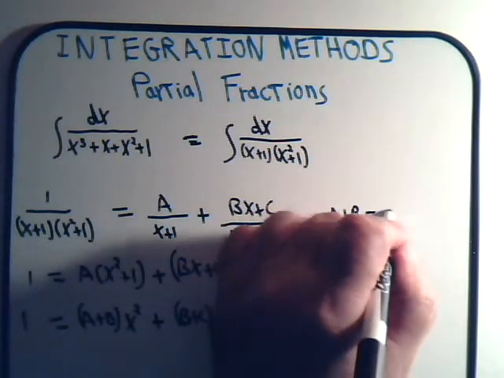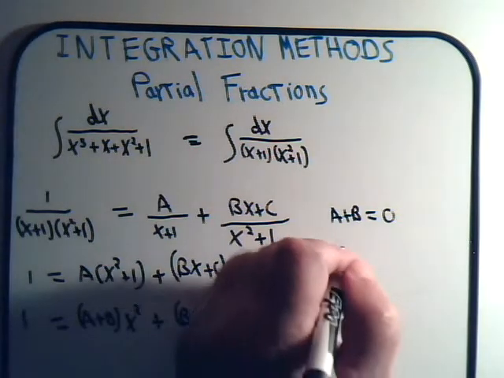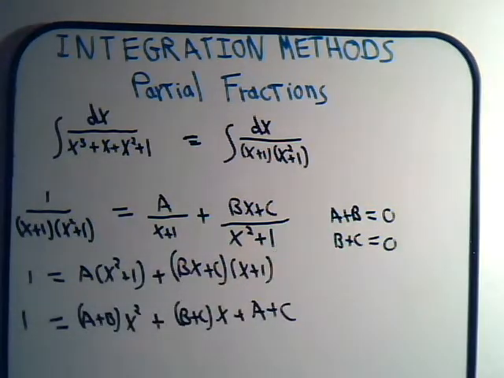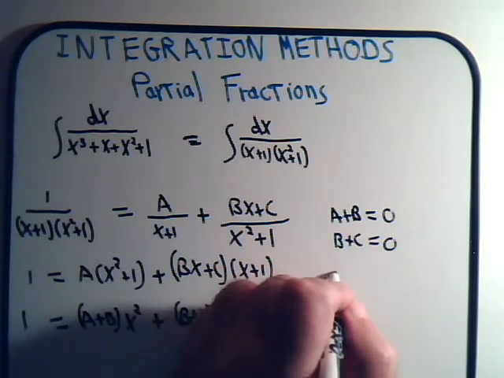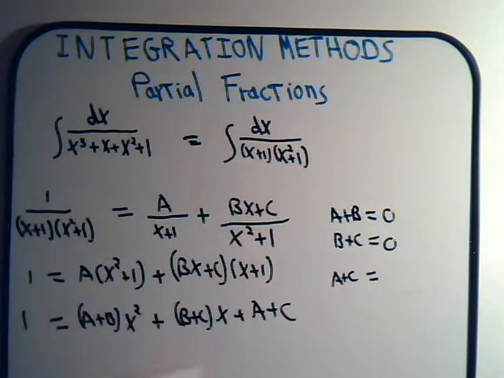And no x squareds on this side, so A plus B equals 0. No x's on this side, so B plus C equals 0. And one constant 1, so A plus C equals 1.